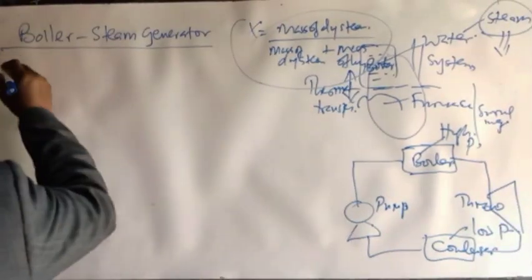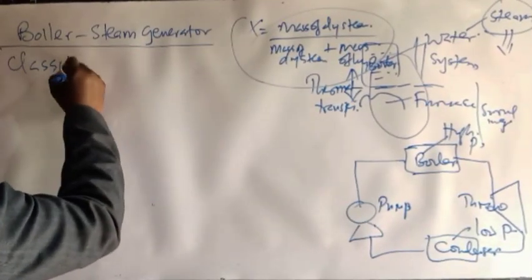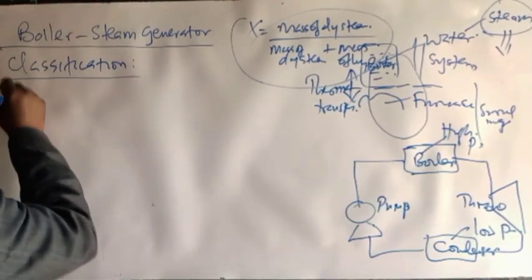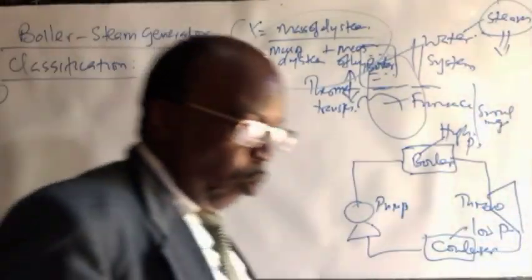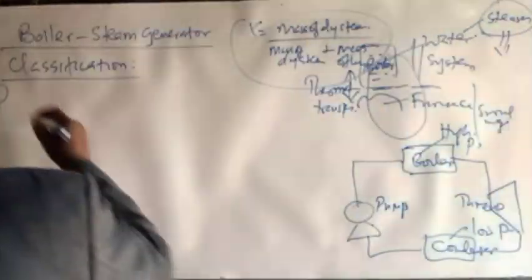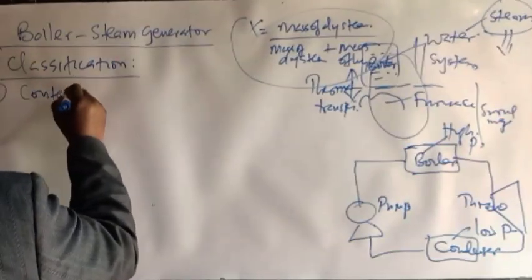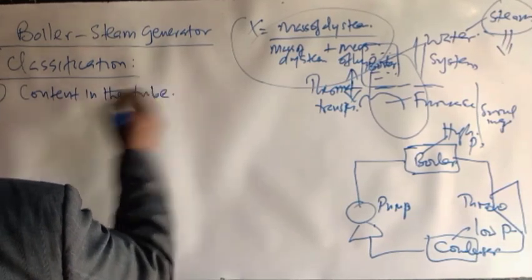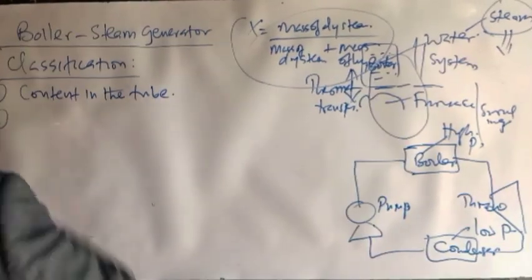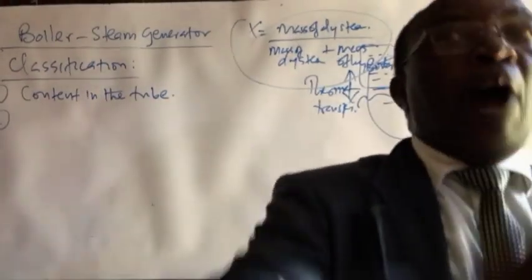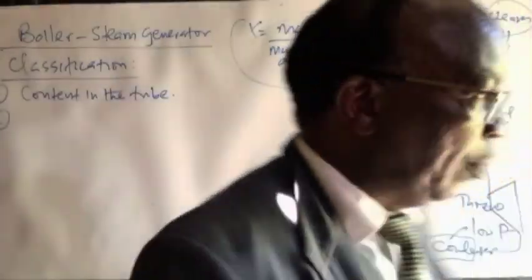One, for classification of boiler, we need to know a few things. What is the content in the tube? The content in the tube. Two. Now, when you know the content in the tube, how many tubes are there? The number of tubes.